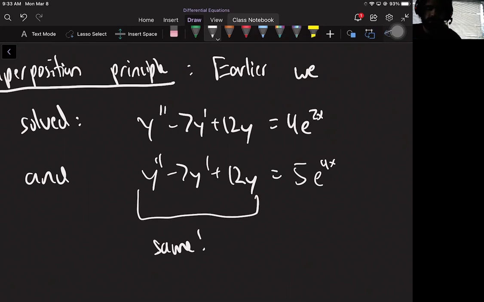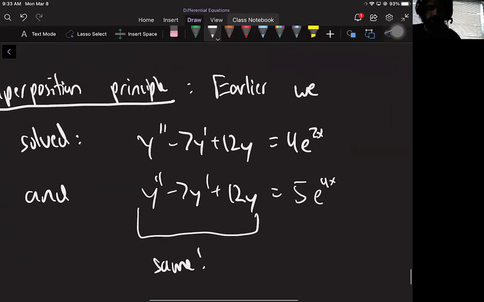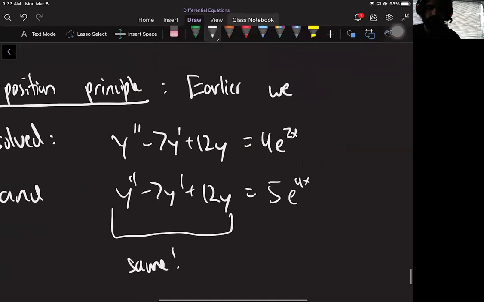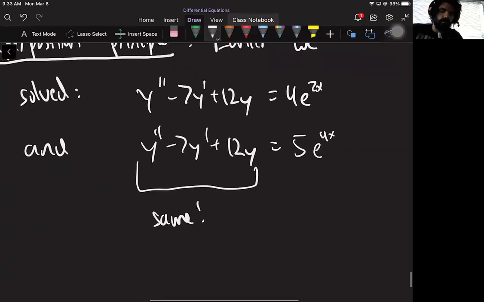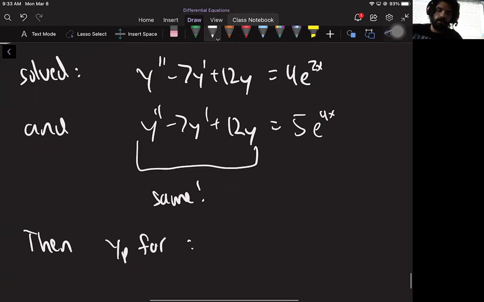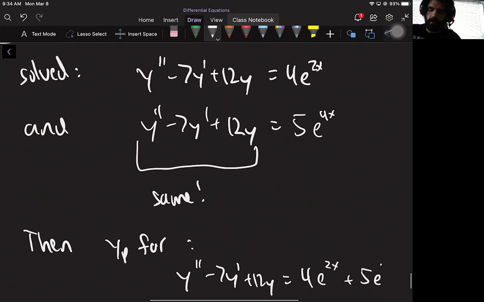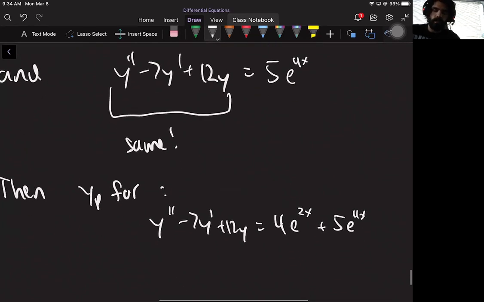Well, the superposition principle tells us that the particular solution, if I keep the left side exactly the same but add the right sides together, is just the yp's added together.